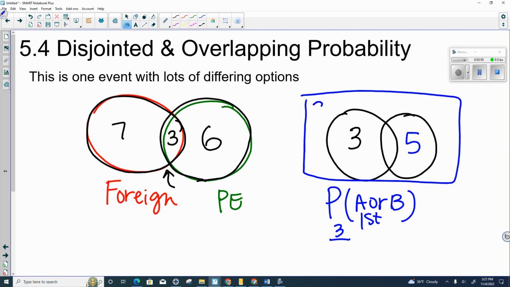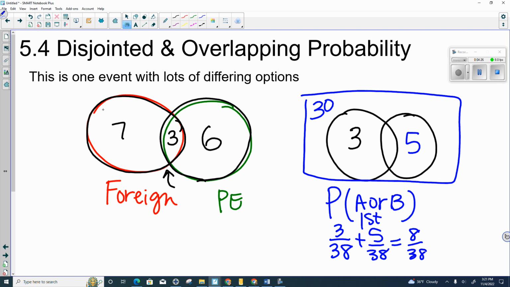Maybe there's 30 of us who don't have either one of these classes. So if there's a picture, and I'm trying to find the total, I'm going to add 30 plus 3 plus 5. But normally, if you're reading the problem, it will say 38 students were surveyed, 3 of them, and so on. So I'm going to take this 3 and I'm adding it to the 5 because they are disjointed. None of that information overlaps.